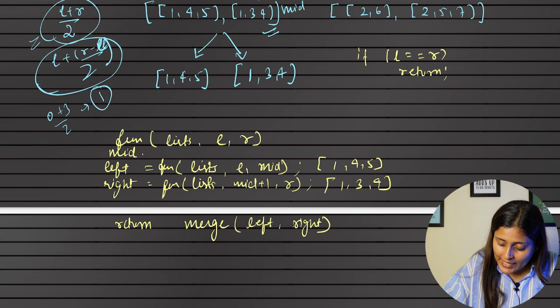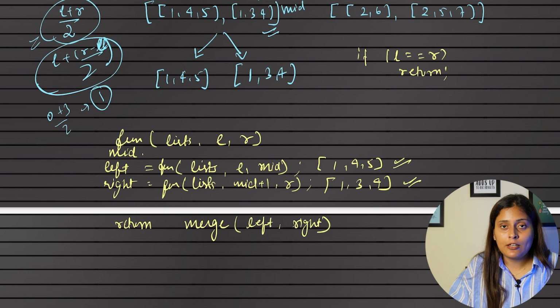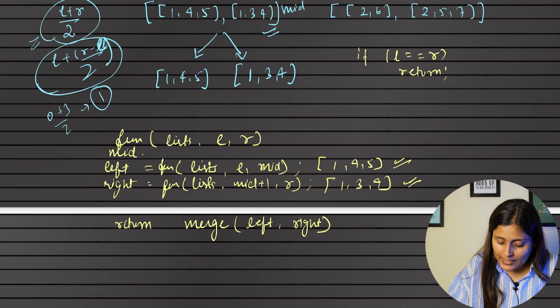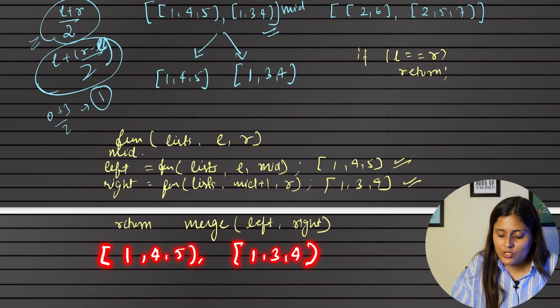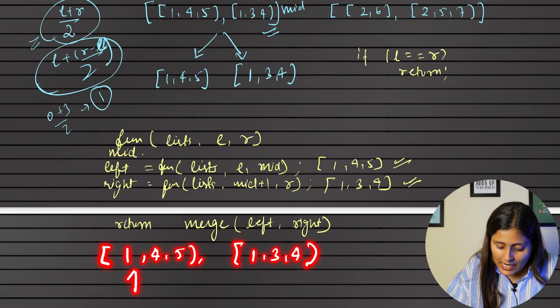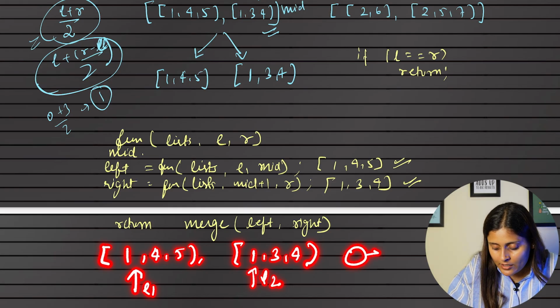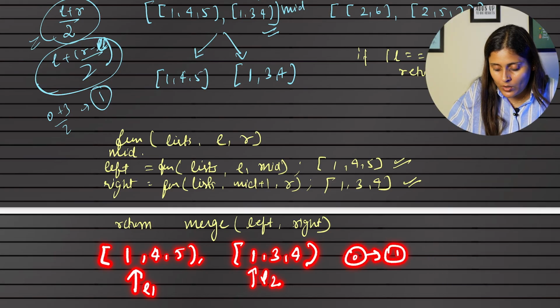So now 145 and 134 will get sent to the merge, correct? Now 145, next 134, and how we merge we all know. How do we merge? Start at L1, start at L2, whichever is smaller connects to the dummy node. Okay, 1, next 1, and so on.